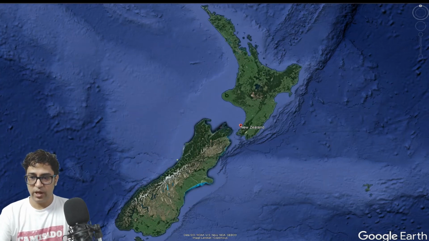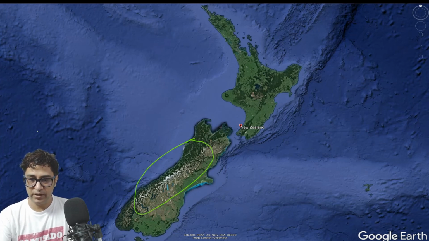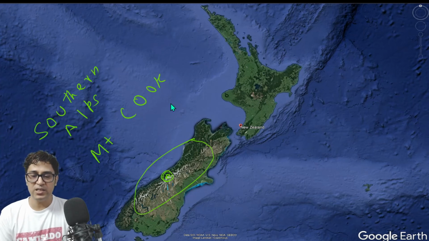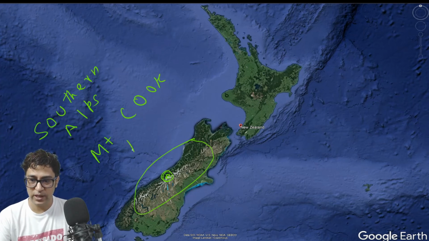Now let us look at the mountains of New Zealand. Here you will find the Southern Alps. In the Southern Alps, here you will find Mount Cook. Mount Cook is the highest peak of New Zealand. It is also known as Aoraki.